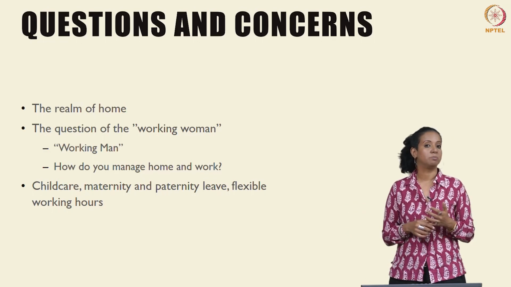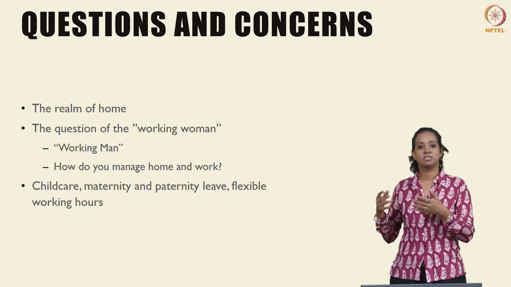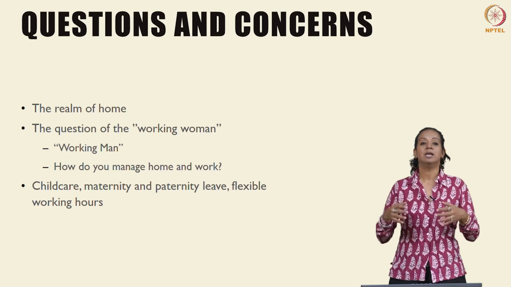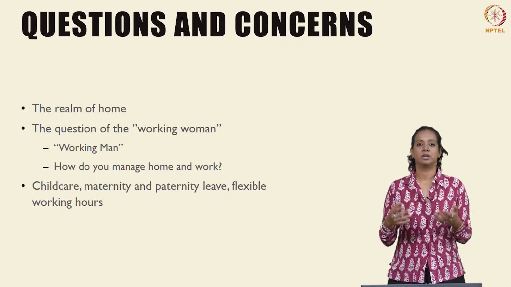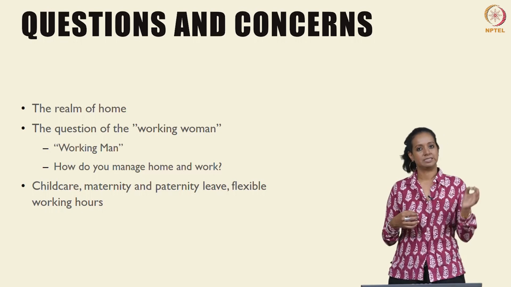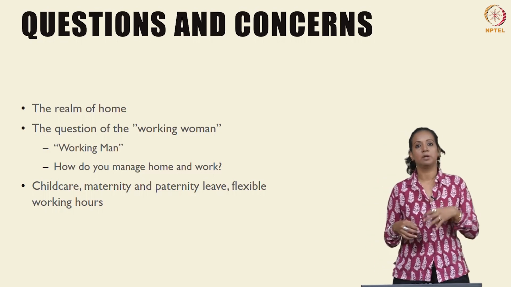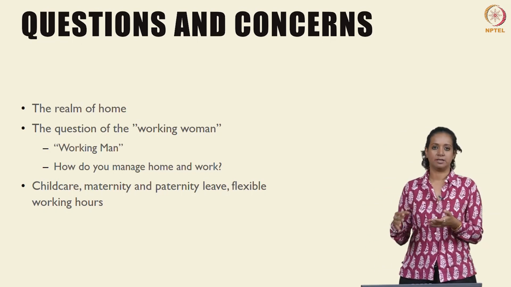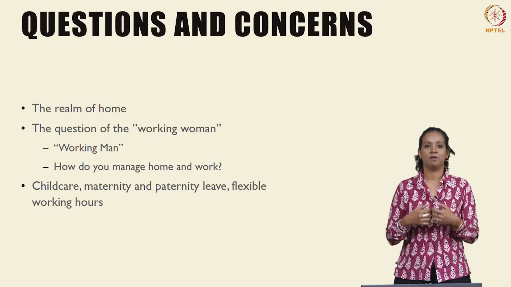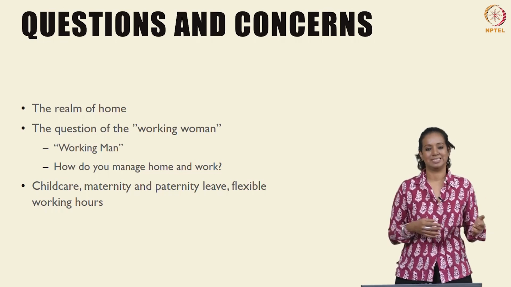Lower class women have been working since time immemorial and they are considered to be not similar kinds of subjects as middle or upper class women who are considered to be class privileged enough to not have to work if they don't need to. But in many ways, classed as it may be, the question of the working woman across classes means that women have to take care of home as well as work, and therefore they are doubling the amount of labor but being paid the same amount as a man.